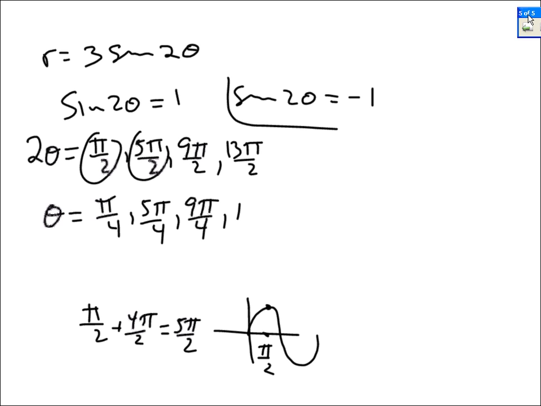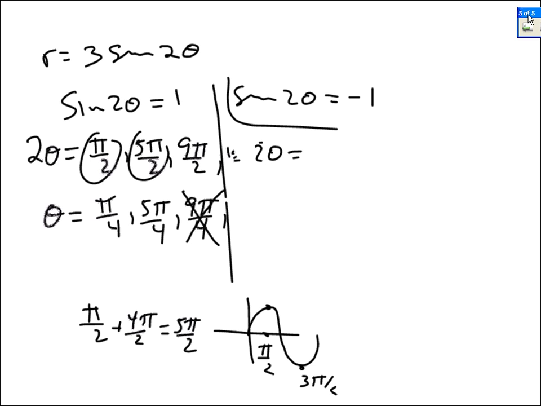Now actually, this one's even too much. 9 over 4 is more than 2. Okay, now, where does the sine of 2 theta equal -1? That's when the angle is 3 pi over 2.